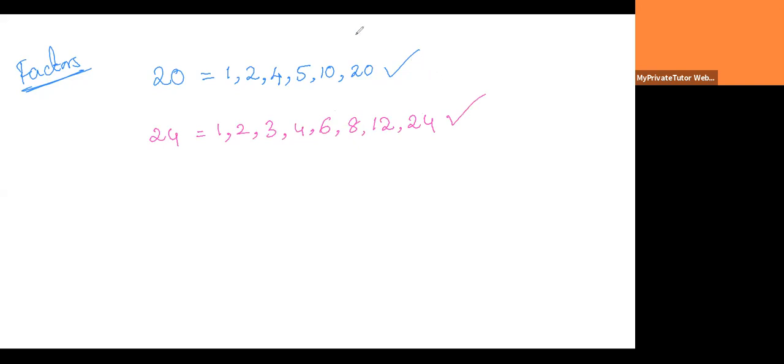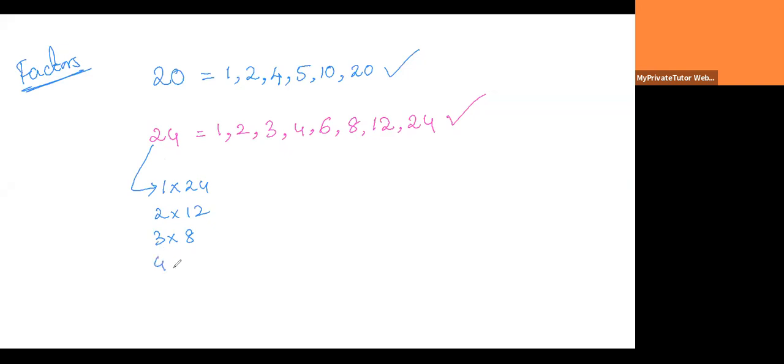So what is the other way? If you are facing any problem in this method, you can just try to find two factors which multiply to this number, like 1 times 24. What else? 2 times 12, 3 times 8.